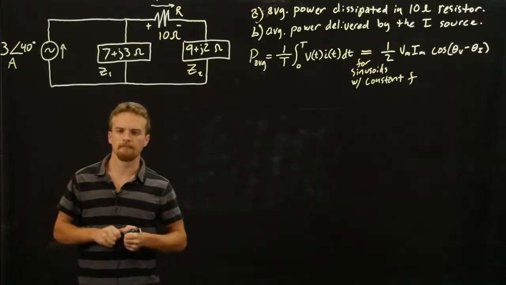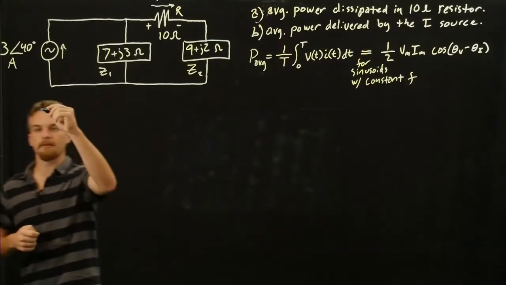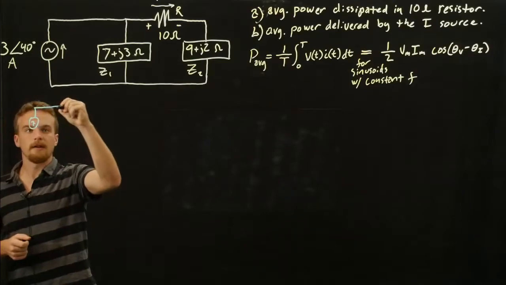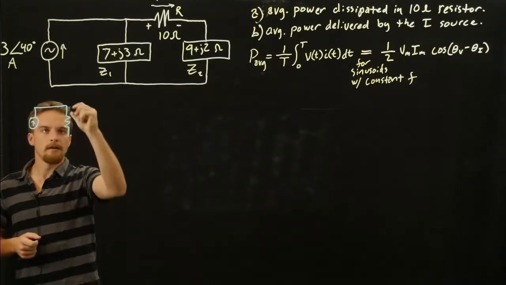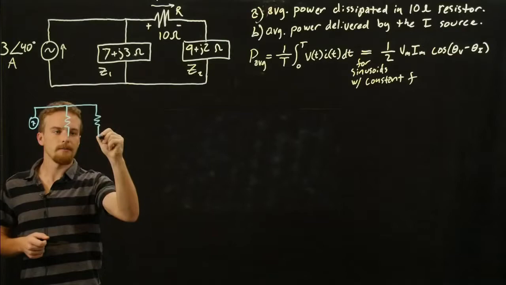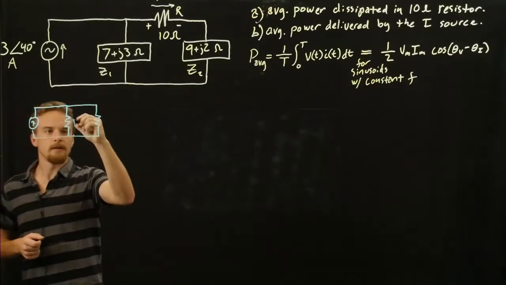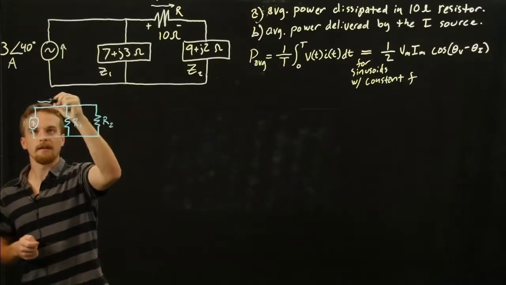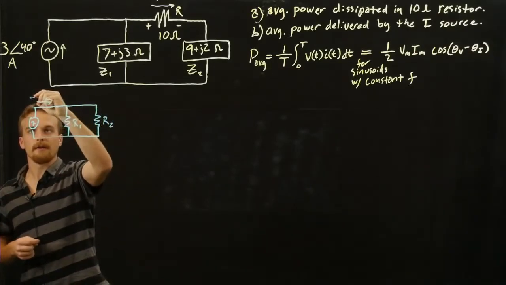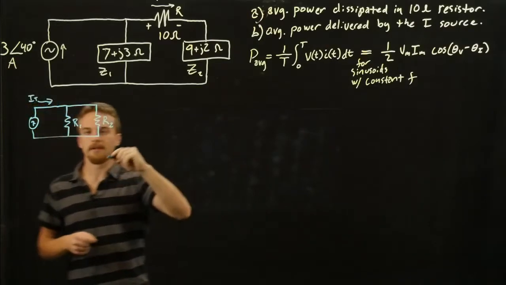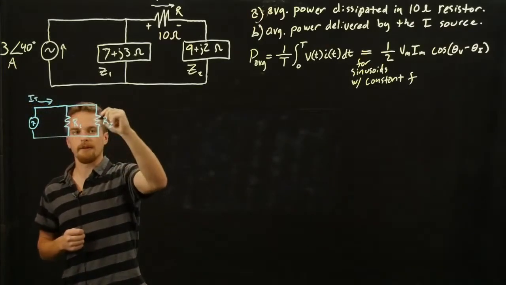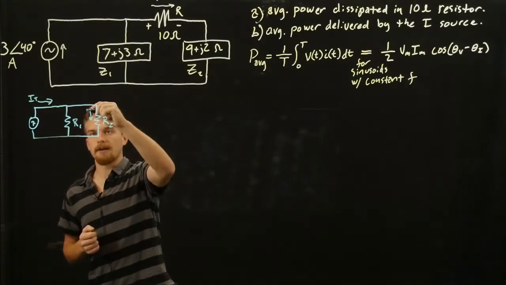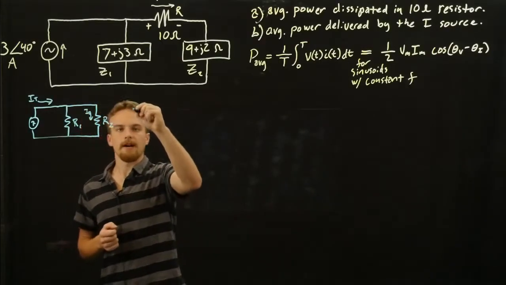I'll draw a simpler scenario real quick. If we have a total current and two resistors it could possibly go through, R1 and R2, let's figure out the current through R2, which we'll call I2.